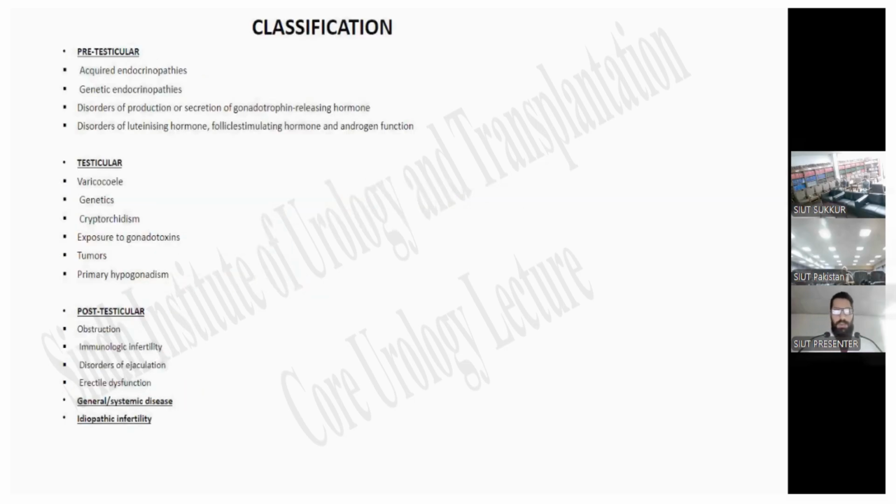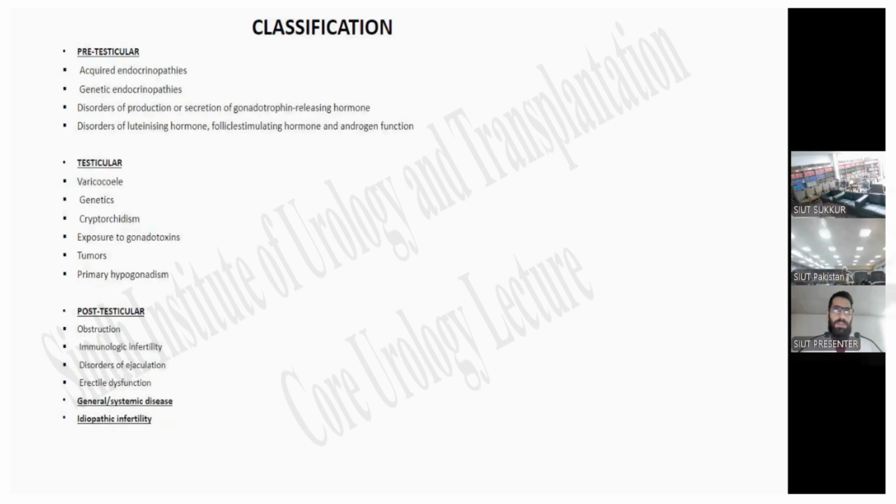The pre-testicular causes consist of acquired or genetic endocrinopathies and disorders of production or secretion of gonadotropin-releasing hormone, disorders of pituitary hormones, including luteinizing hormone, follicle-stimulating hormone, or androgen functions.